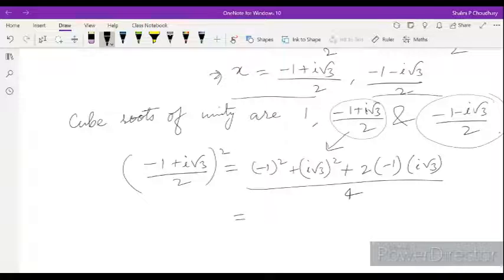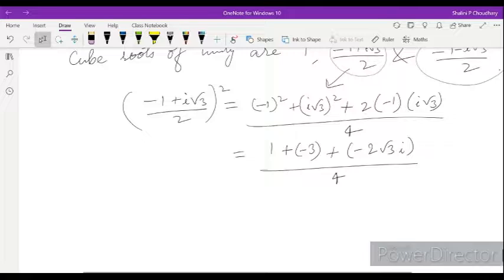So what value are we getting? Minus 1 square will be 1, i root 3 whole square will be minus 3, and minus 2 root 3 i we are getting here, divided by 4. Now 1 minus 3 will be minus 2, and here minus 2 root 3 i, divided by 4.